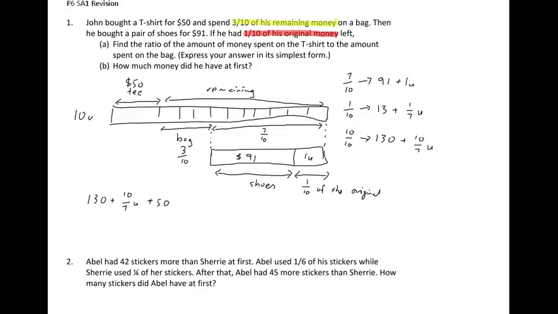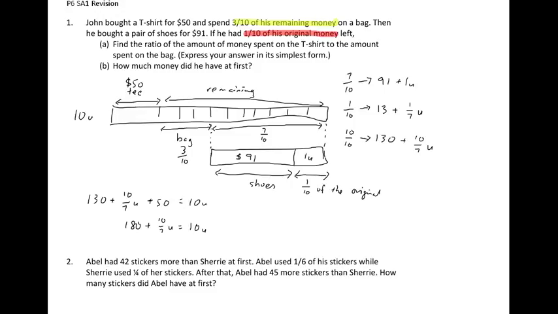This $50 plus the remaining, isn't it equal to 10 units? Yes or no? Correct? Okay, so now I know that I have 180 plus 10 over 7 unit equals 10 units.